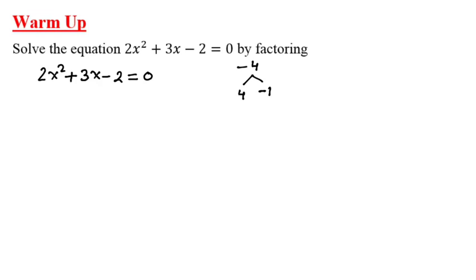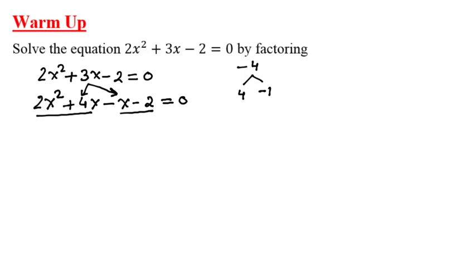So we can rewrite the middle term using 4 and negative 1. It will be 2x squared plus 4x minus x minus 2 equal to 0. So we split the middle term into these two. Since we have 4 terms on the left hand side, we can factor by grouping.